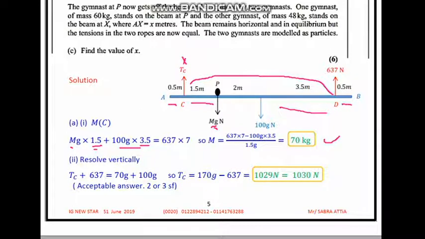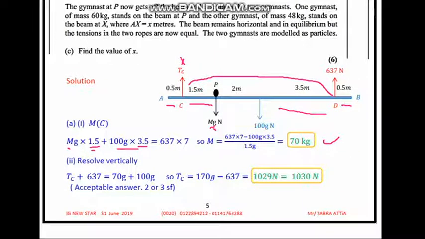TC plus 637 equals 70g plus 100g. Using inverse operation, 70 plus 100 will be 170g minus 637. Now using the calculator to get the answer, which is 1029, approximately 1030 Newtons.